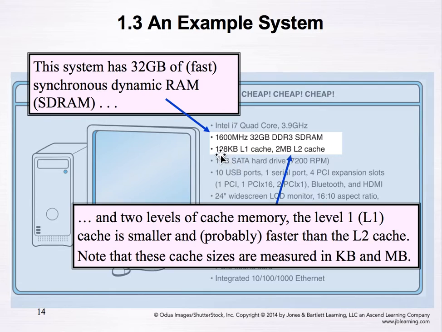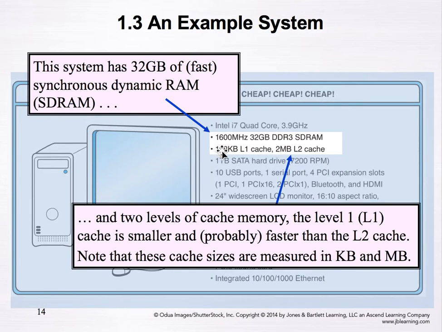The second line says there are two levels of cache memory. The first level, which we call L1 cache, has smaller capacity and is probably faster. And there's a larger L2 cache with a capacity of 2 megabytes.